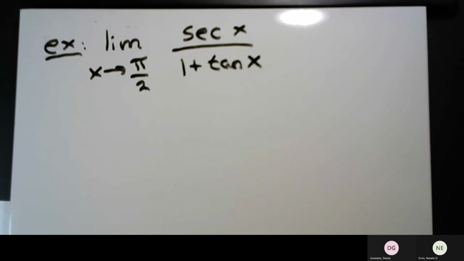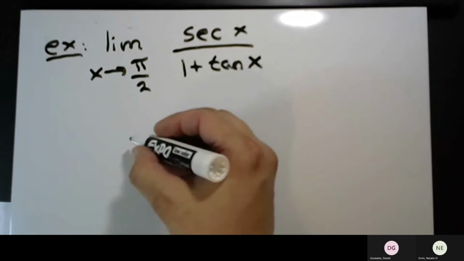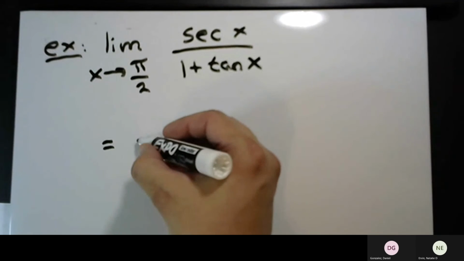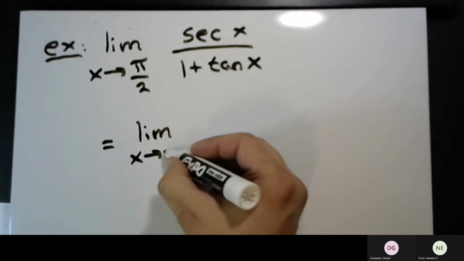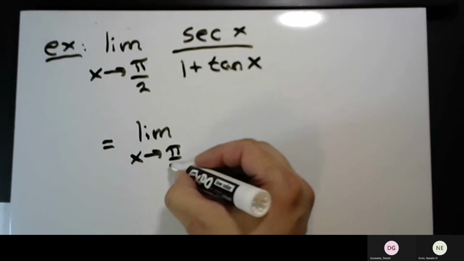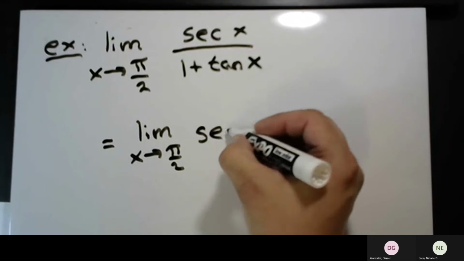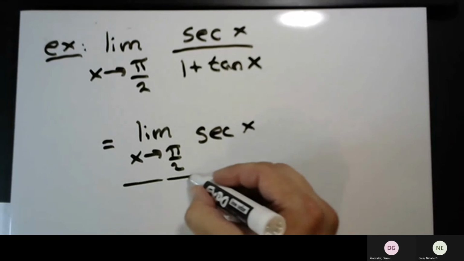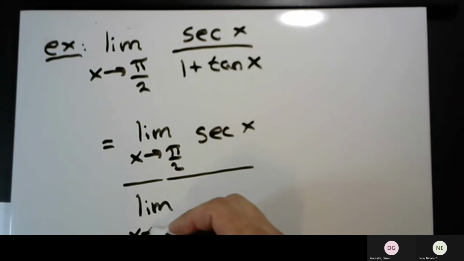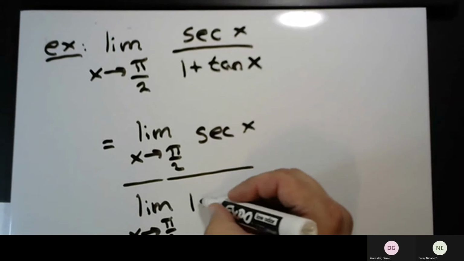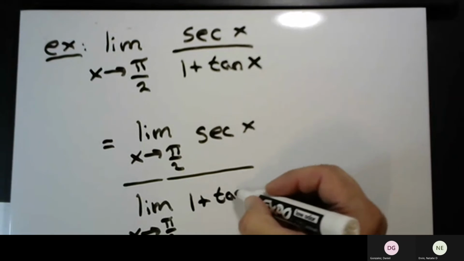Now, if we take a look at these, this is going to be equal to the limit of secant x over the limit of one plus tangent x.